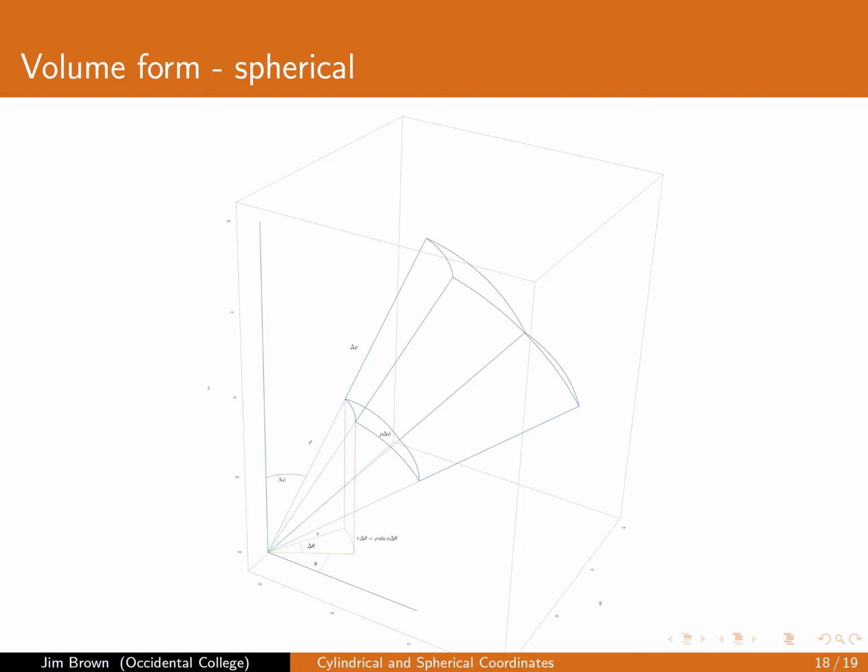So the only thing we need is this distance here. So if we project this down into the plane, this is still r delta theta that we had before. And then remember, r is rho sine phi. So this distance here is rho sine phi delta theta. So this whole box here should have volume delta rho, rho delta phi, rho sine phi delta theta.